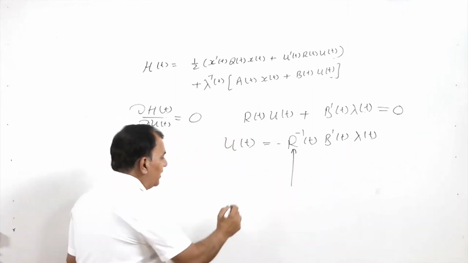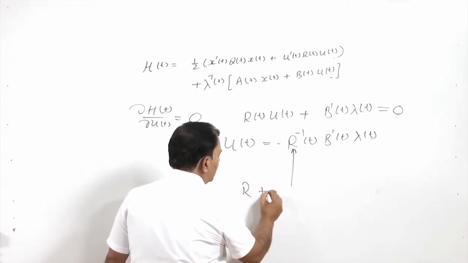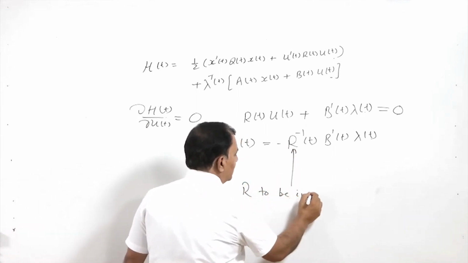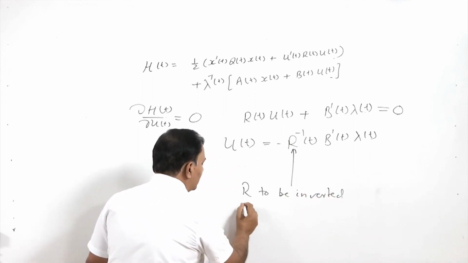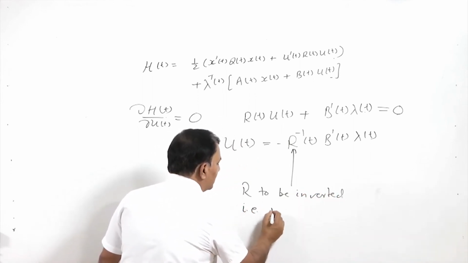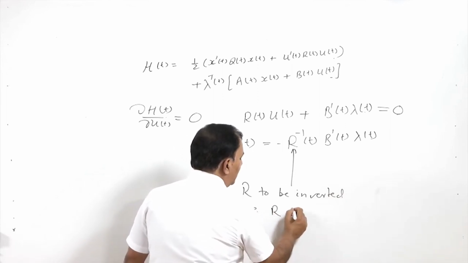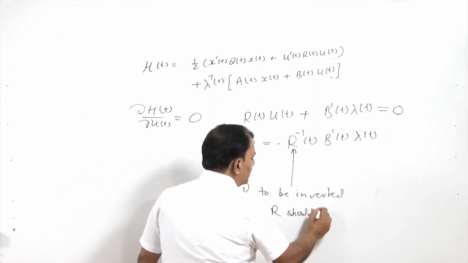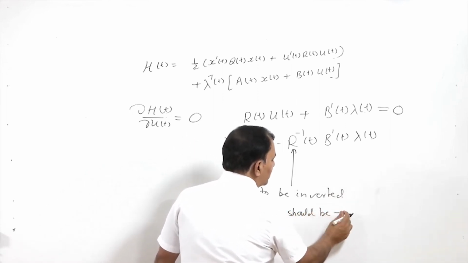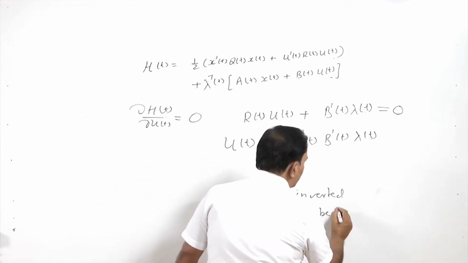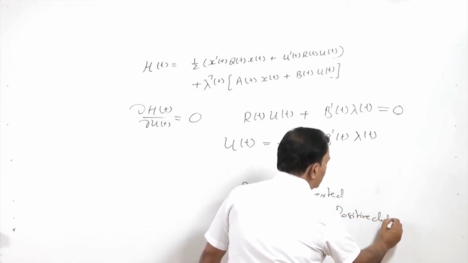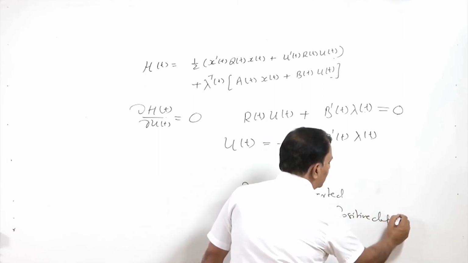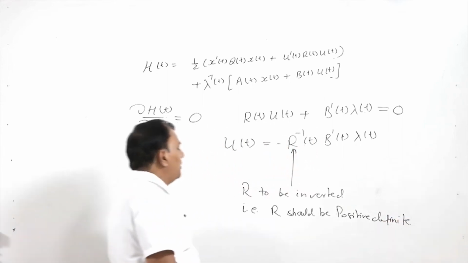R to be inverted means R should be positive definite.